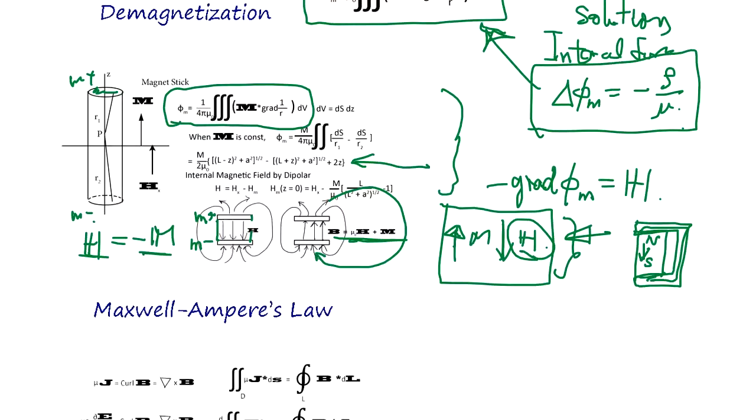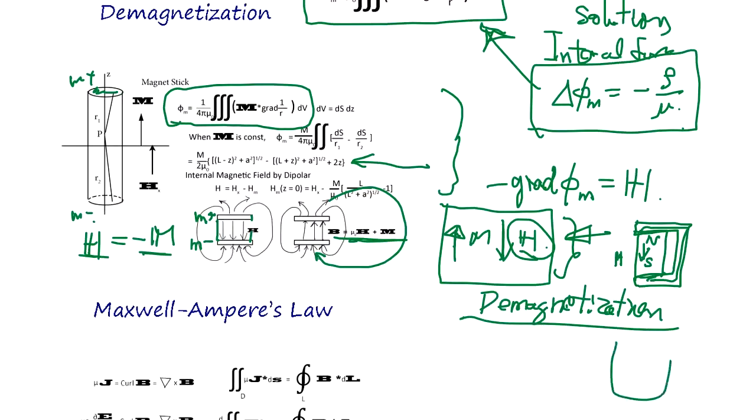So inside, H becomes very tiny, and the demagnetization effect becomes minimum. When you have this horseshoe magnet, usually you put an iron plate.